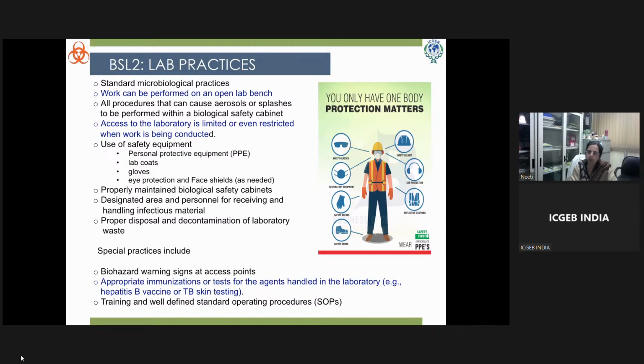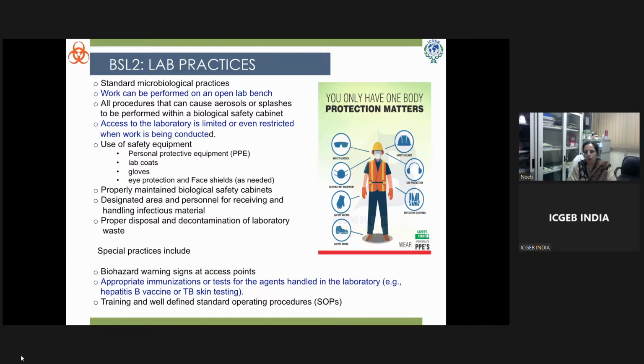So apart from the good lab practices which I mentioned earlier and which are the basic lab requirements or etiquettes of working in the lab, there are specific guidelines which have been defined for a standard or a regular BSL2 research lab, and these include following all the routine microbiological practices of starting the cultures, using the cultures and then decontaminating the cultures and appropriate waste disposal. All these standard microbiological practices get on the baseline.